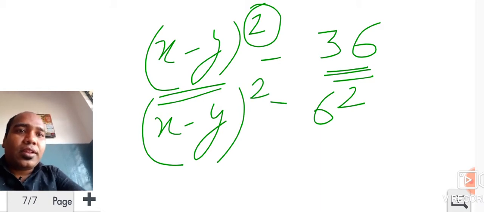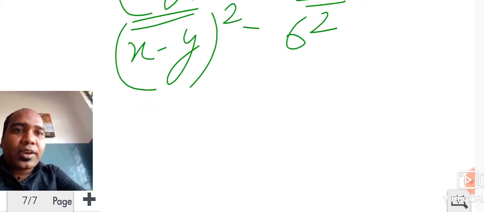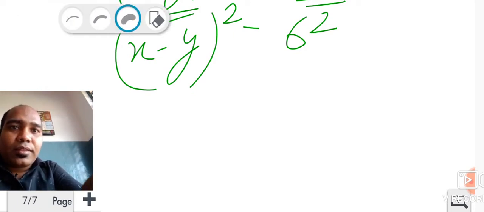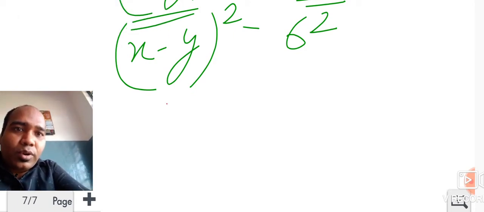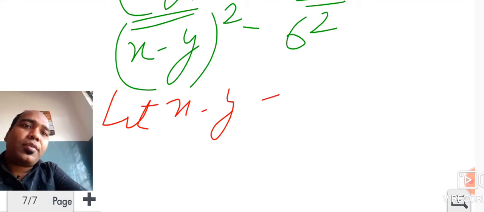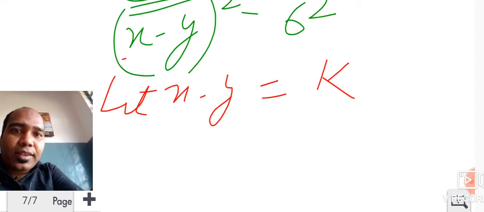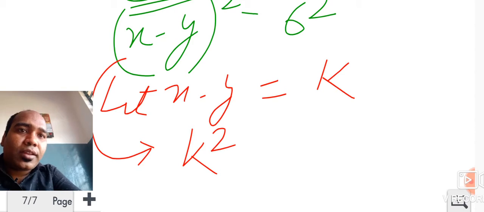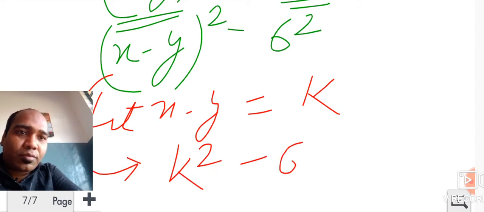Now if we consider the whole x minus y, let x minus y be equal to k. Then x minus y whole square can be written as k square, minus 6 square.